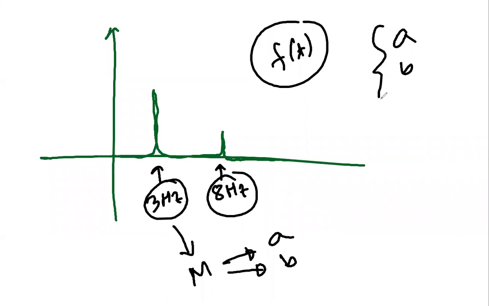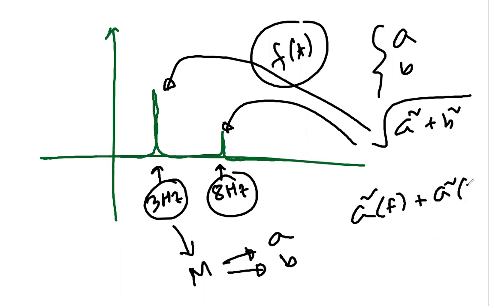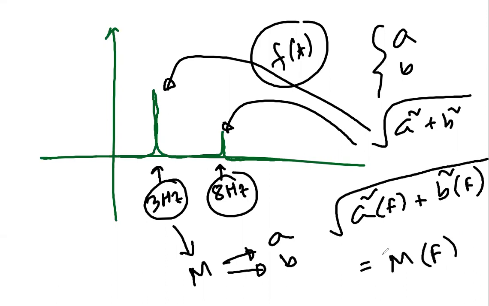For the magnitude response, of course, the square root of A squared plus B squared gives us the magnitude of that frequency. More specifically, we can write that B is also a function of F, and the magnitude is a function of F. For each and every calculation, we have changed the value of F and tried it for both the A portion and the B portion.